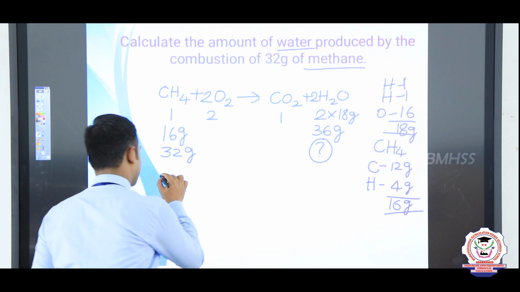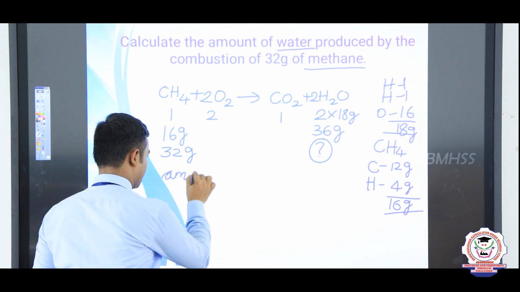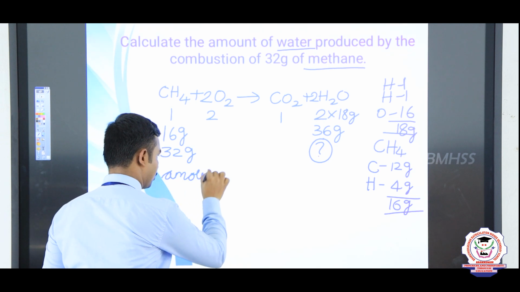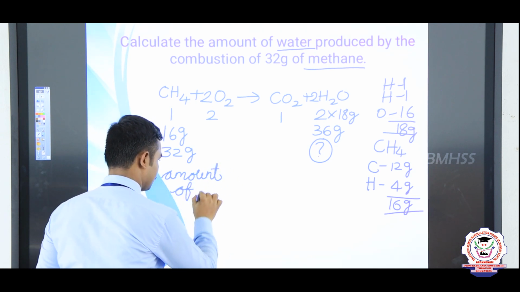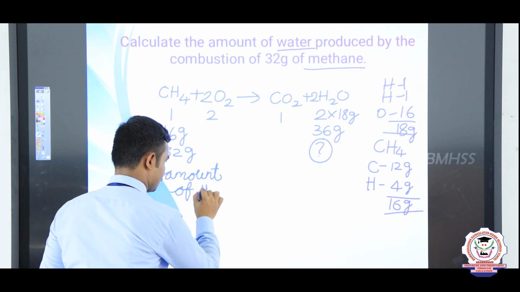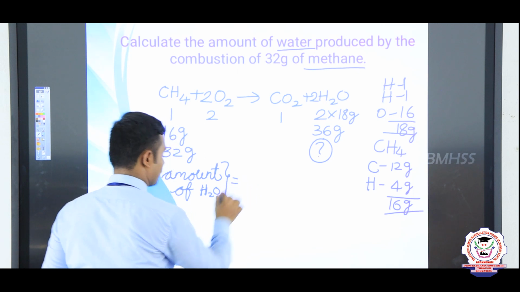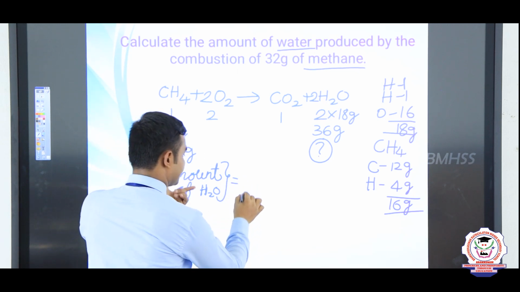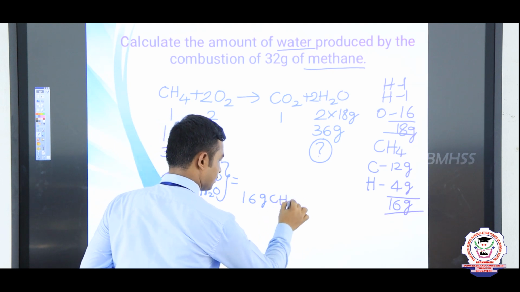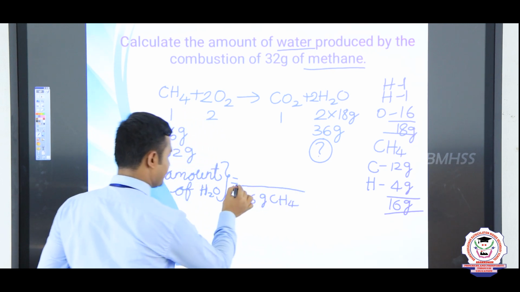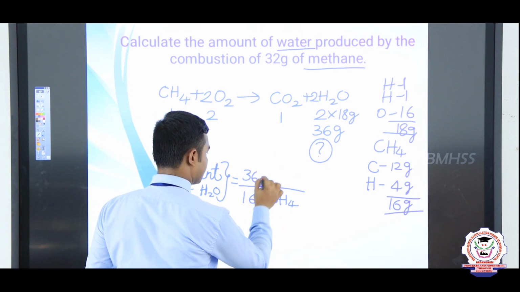We can find this by writing the amount of water as the answer. See here, 16 grams of methane can produce 36 grams of water.